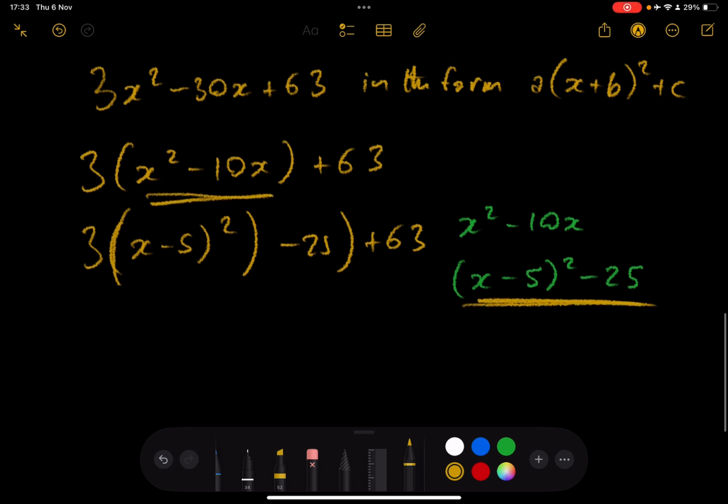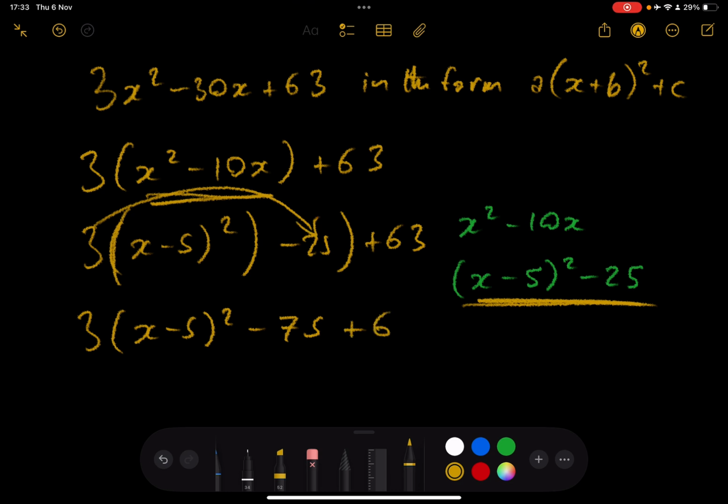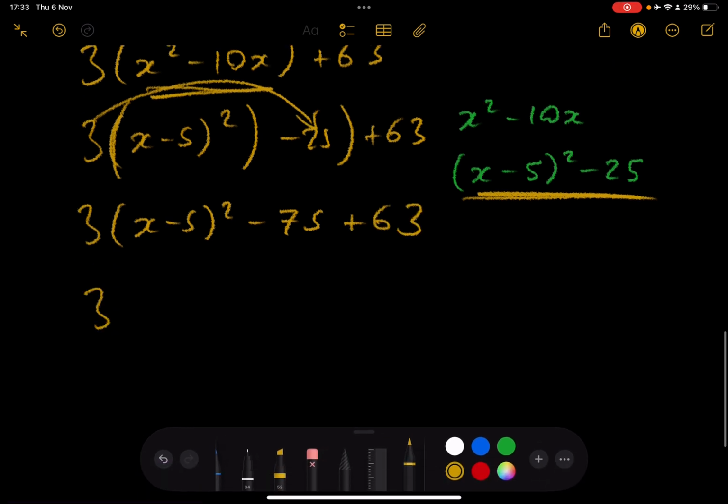So then 3 still multiplies into x minus 5 squared, minus 75, because the 3 has got to multiply into that, and then plus 63. Tidy it all up, 3 brackets x minus 5 squared, subtract 75 plus 63, what that's going to give me is minus 12, and I'm done.